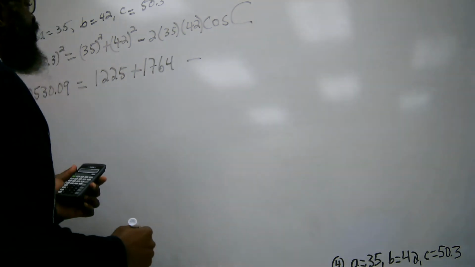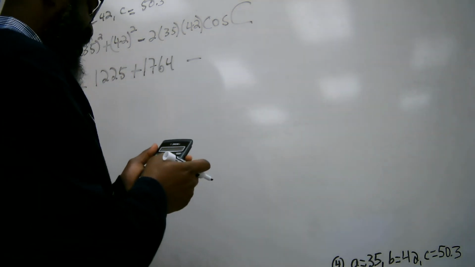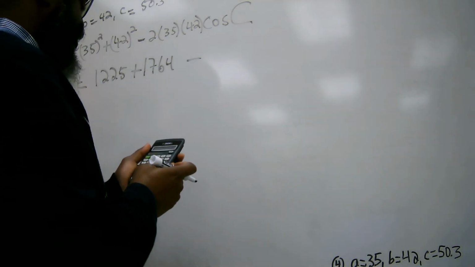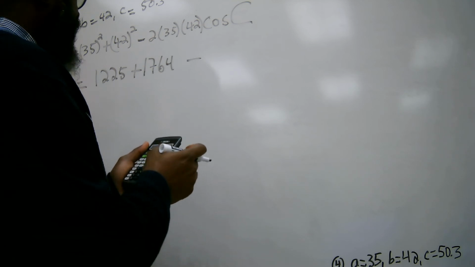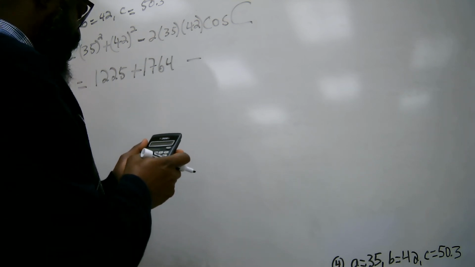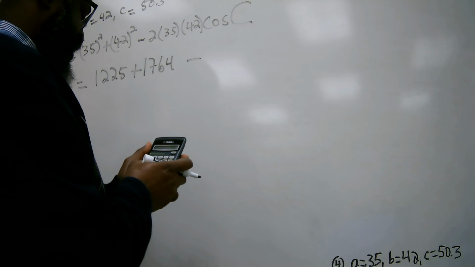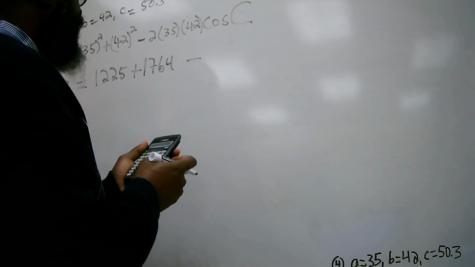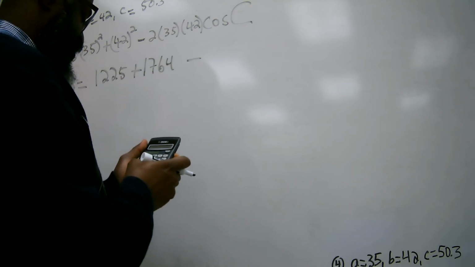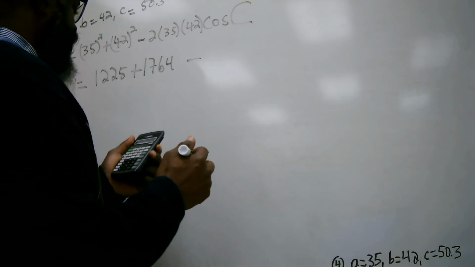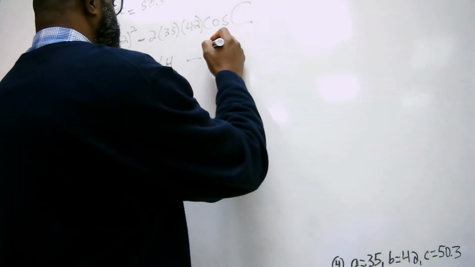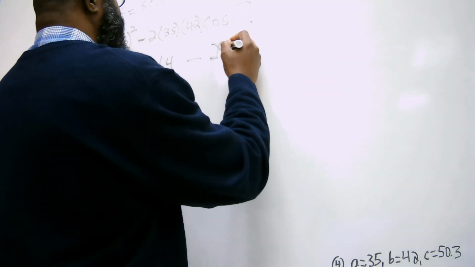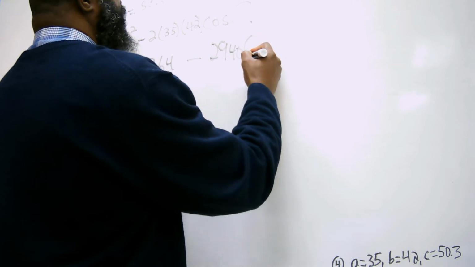Then we're going to multiply 35 times 42 times negative 2. That's going to give me negative 2,940 cos C.